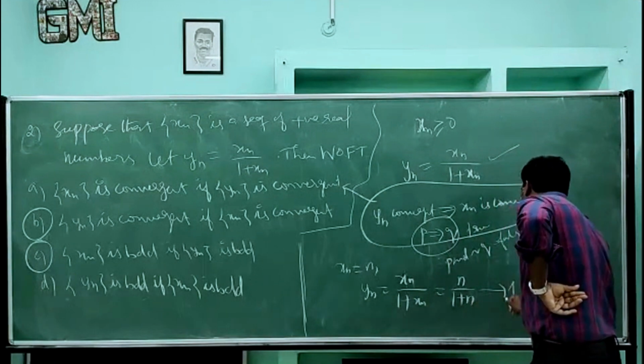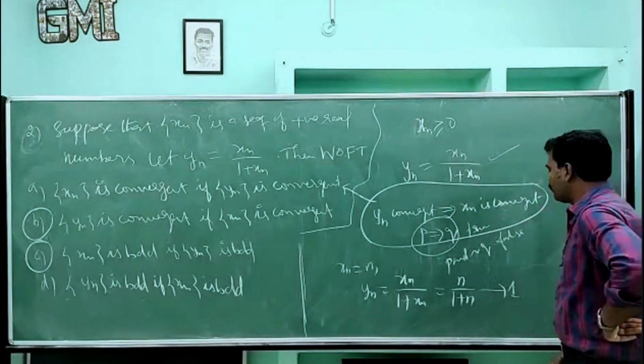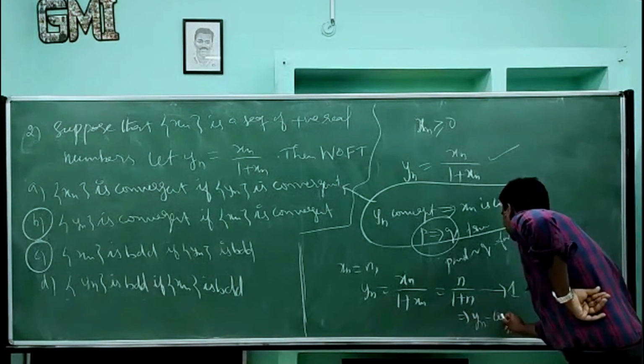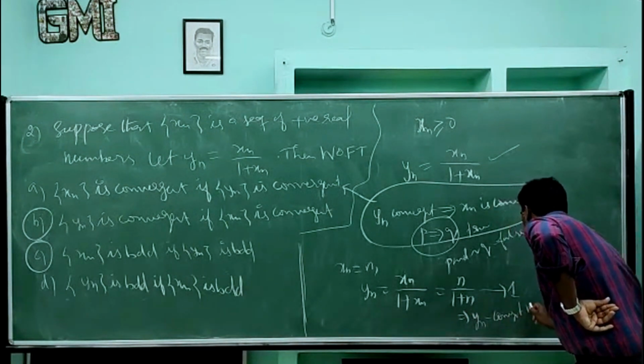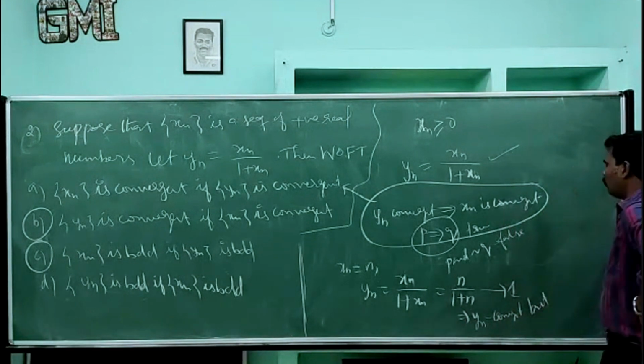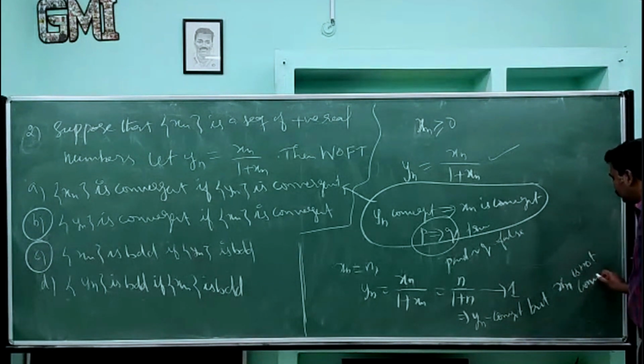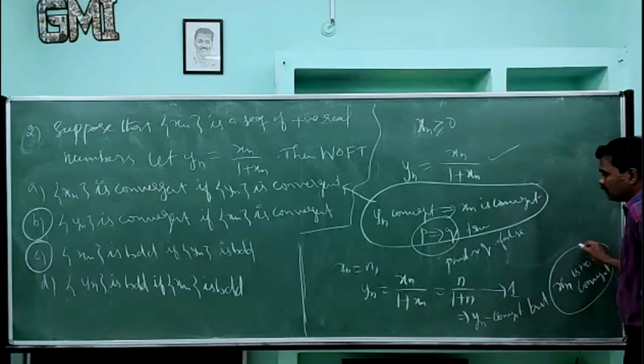This goes to 1, which implies yn is convergent. But xn is not convergent.